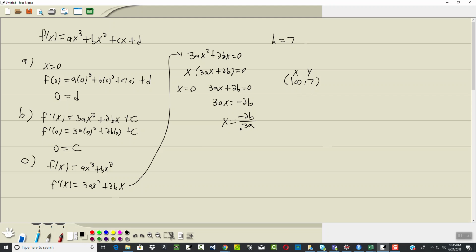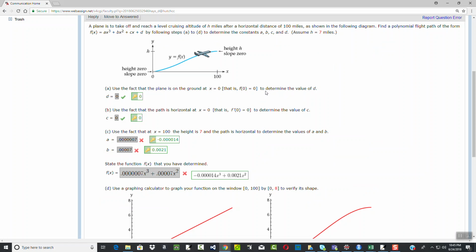So if I know 100, because we know what it is at that point, x is equal to 100.